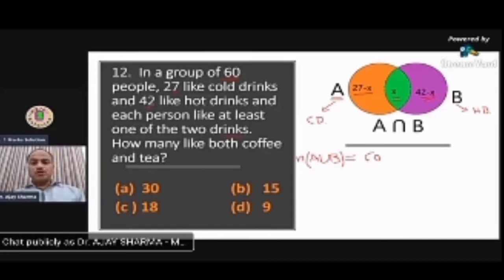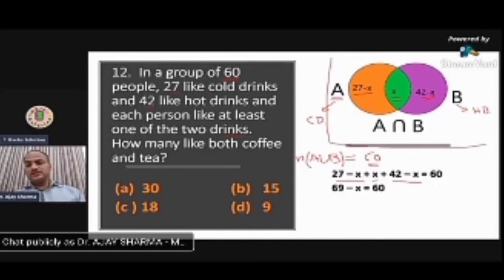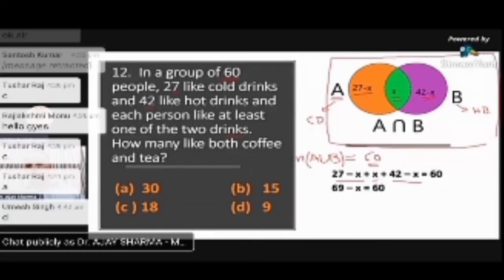Now when we combine all these three, we get 60 elements. According to the question, this 27 minus x, then x, the green portion, and the purple portion, the sum of all these will be equal to 60. Obviously there is a universal set outside, which will contain all elements.